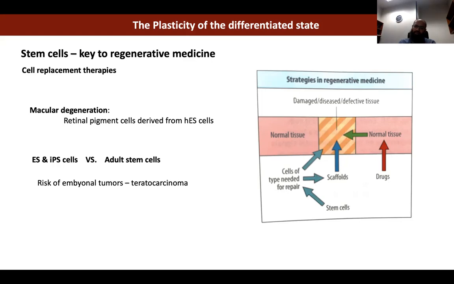The malignant one is called teratocarcinoma. These are embryonal tumors, and they have tissues from all three germ layers: nerve cells, muscles, and epithelial cells. So there are different varieties of these teratomas. Teratocarcinoma is an epithelial teratoma.